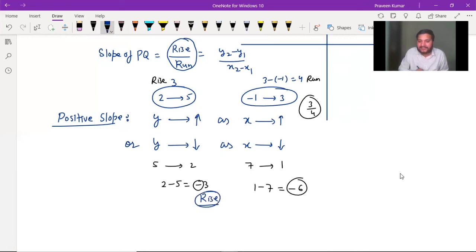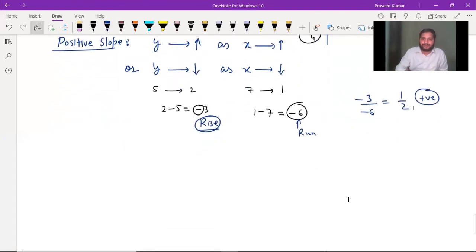Actually, this rise is negative, and this run is also negative. So we can get minus 3 by minus 6, which is again positive 1 by 2, which is positive. Yes. So we will get positive slope when the direct relation between rise and run follows, means as y increases, x increases. When y decreases, x decreases. Is that okay?